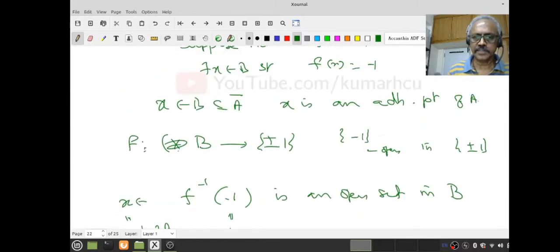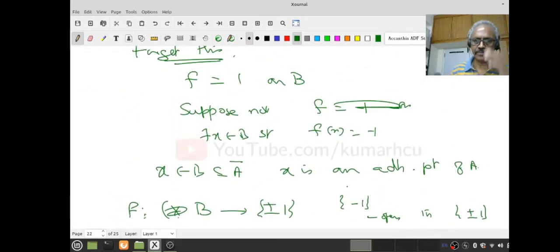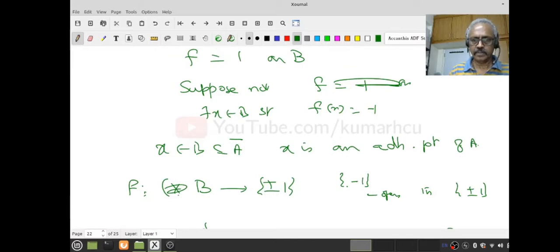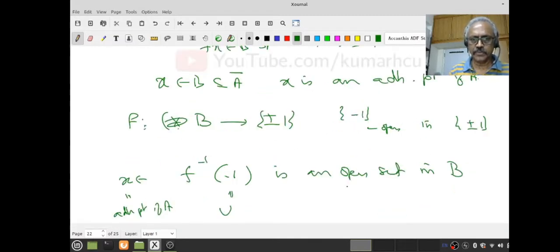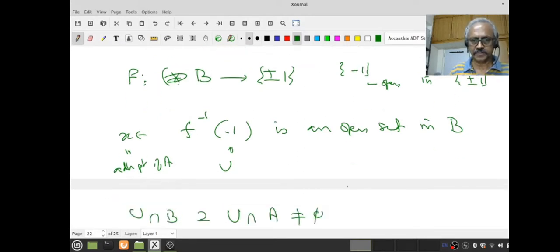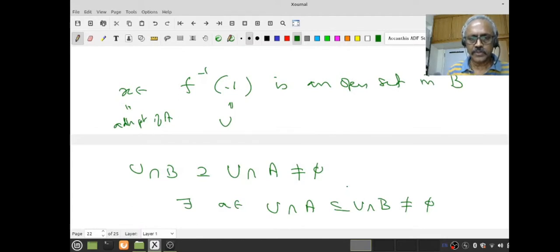Why is it a contradiction? Because I wanted to say f is 1 on B. If not, there is an x in B so that f(x) is minus 1, right? Then what did we do? Then we looked at the inverse image of minus 1 under f. That must be an open set in B, right? Okay, now what do I know? x is an adherent point of A, right?